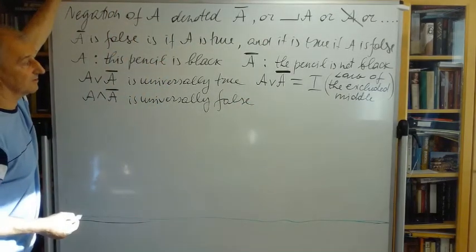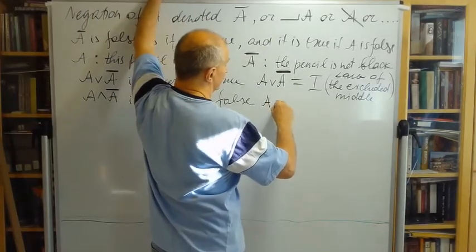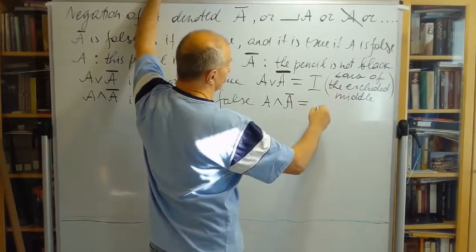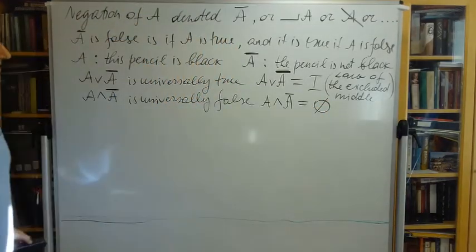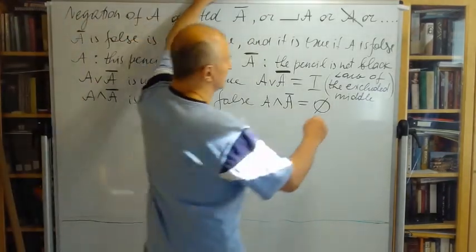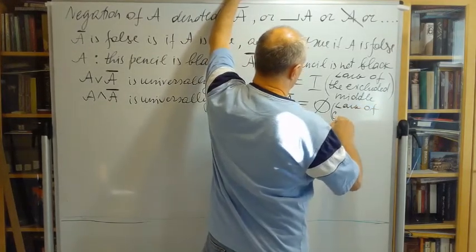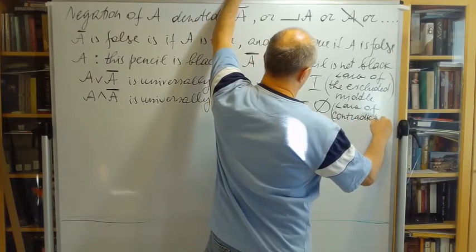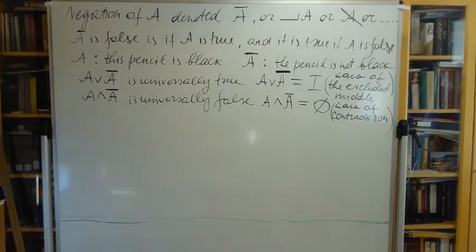This statement is universally false, or we can denote it like this: A and not A equals, I think, the same symbol people use for empty sets. I don't have a better notation, and it's called the law of contradiction.